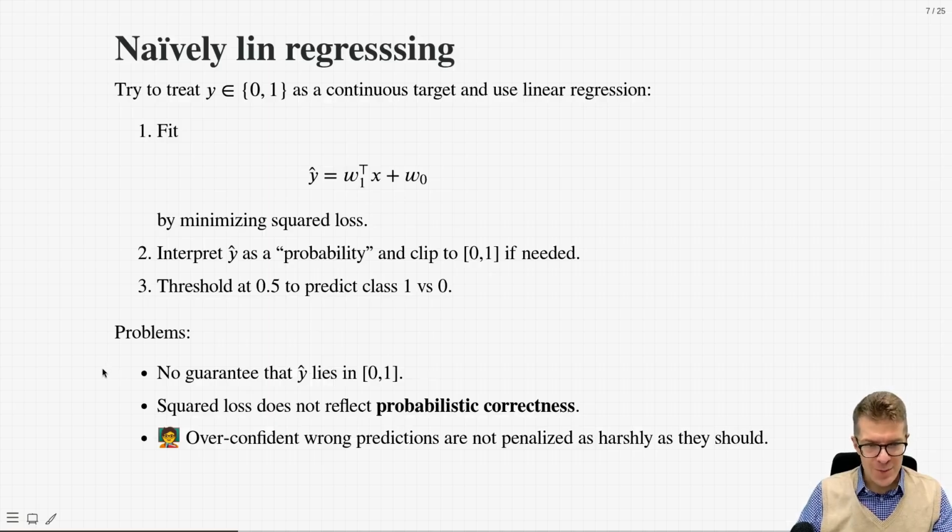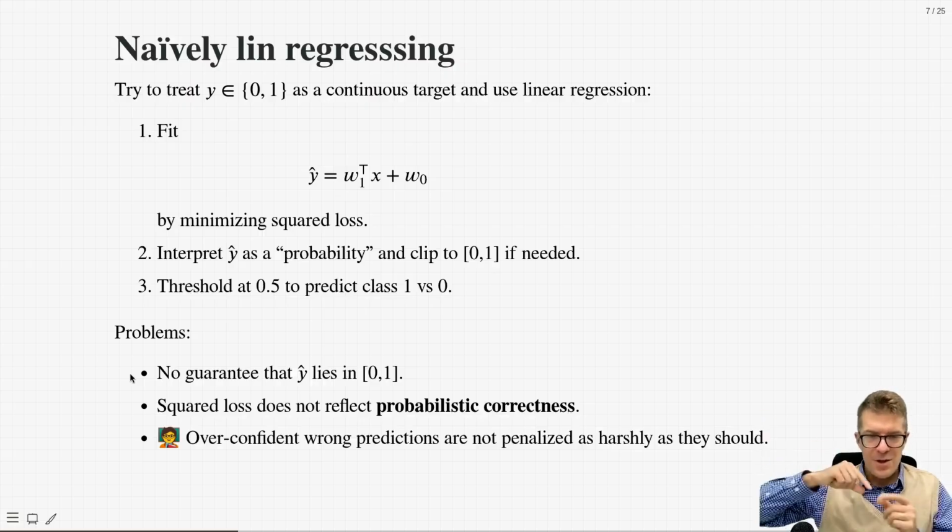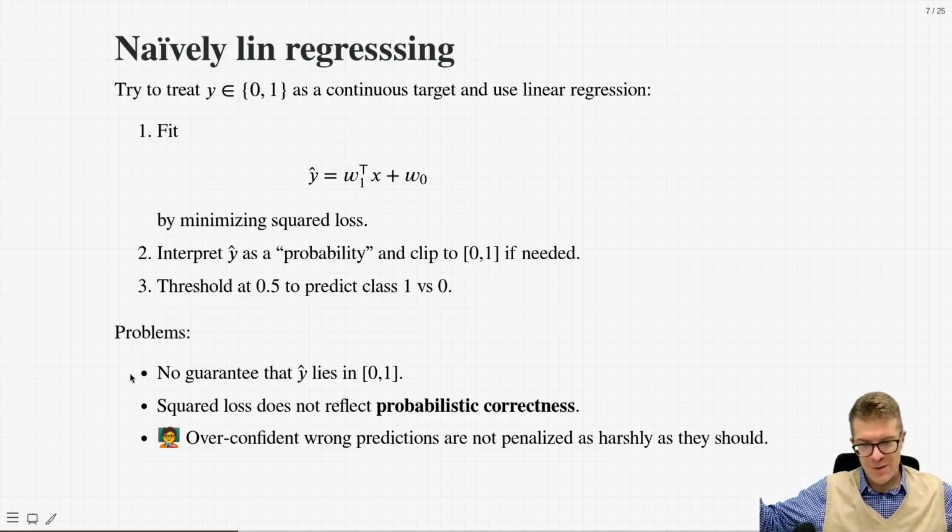So already we're getting some problems. The first problem is that in a linear regression, there's no guarantee that the y prime will actually lie within 0 or 1. Like a line that goes through this space, you can imagine will keep on heading downwards infinitely and upwards infinitely, and we can't describe probabilities by anything less than 0 or greater than 1, so that doesn't really make sense right off the bat.